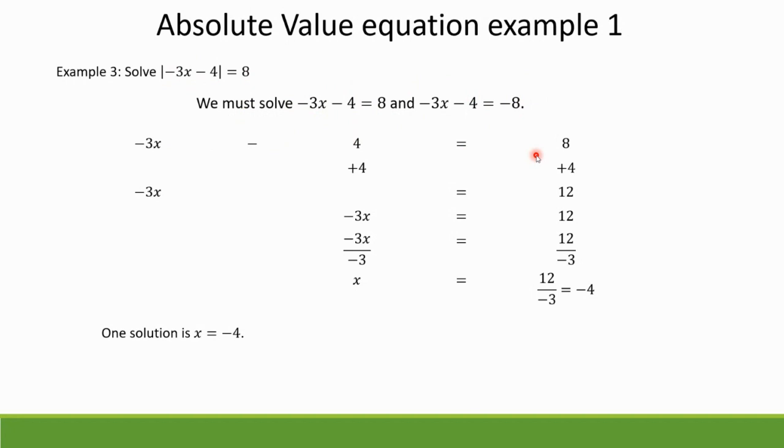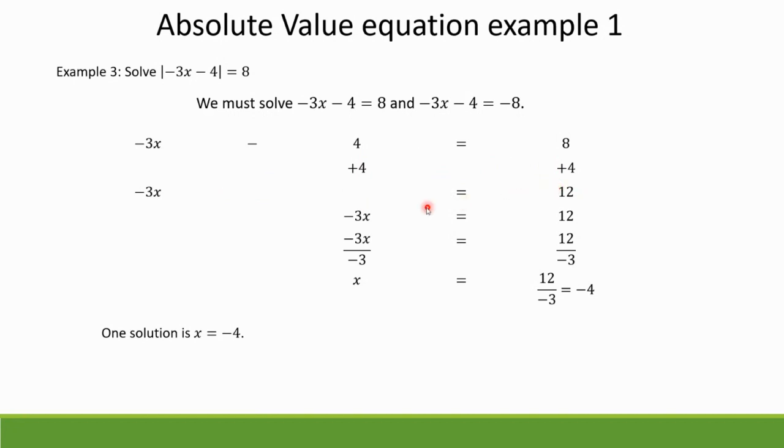We're going to add 4 to both sides. So we get minus 3x equals 12.